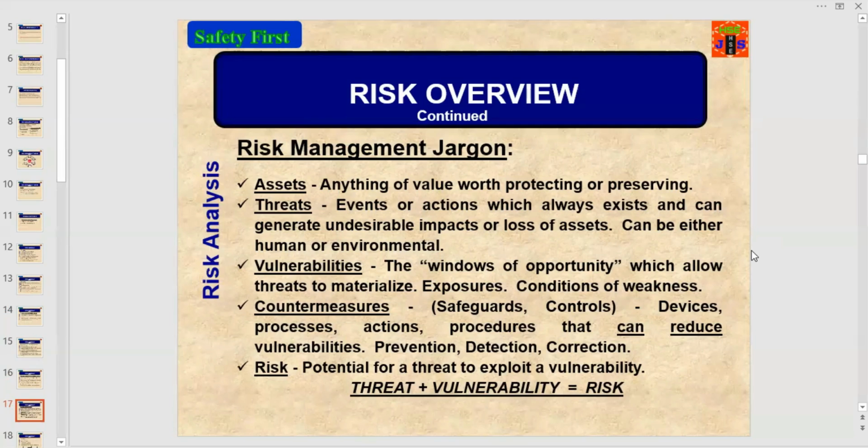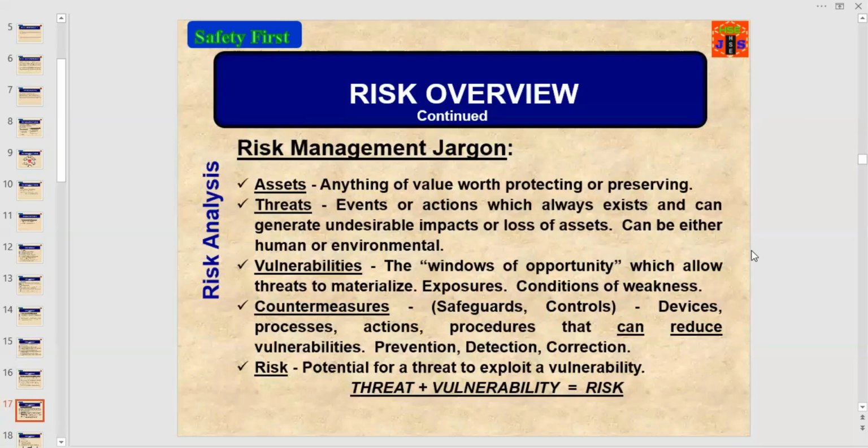Anything of value worth protecting or preserving. Threats: events or actions which always exist and can generate undesirable impact or loss of assets, can be either human or environmental. What are vulnerabilities?